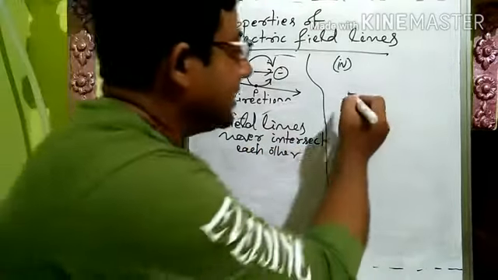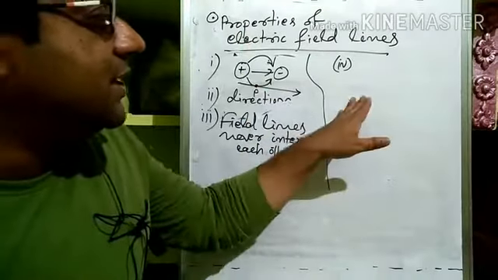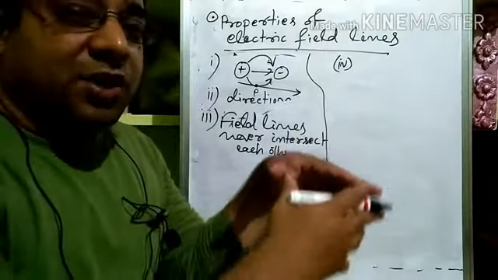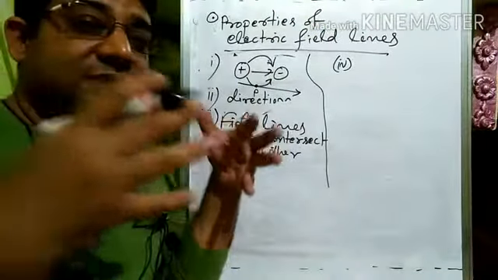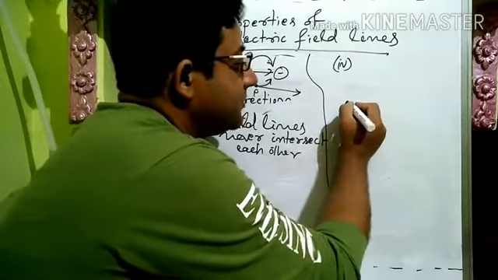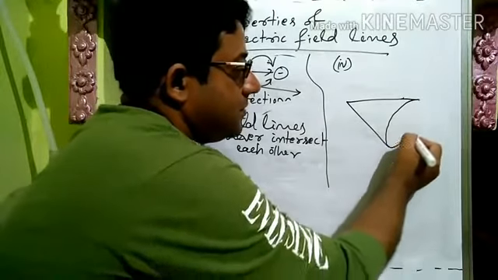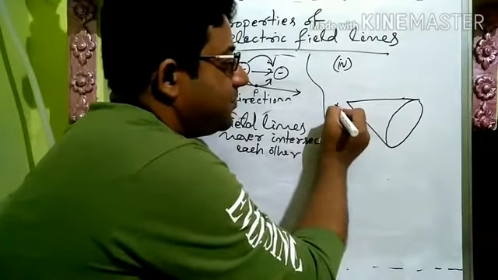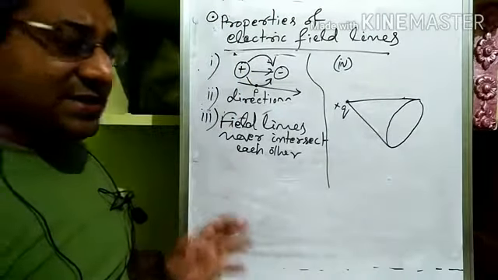Okay, and I said you that field lines are not moving in two dimensions only. Field lines are coming out from positive charges in all the directions and entering the negative charge from all the directions. So better to say, if this is a plus q charge here, from here in all the directions the field lines are going, right?